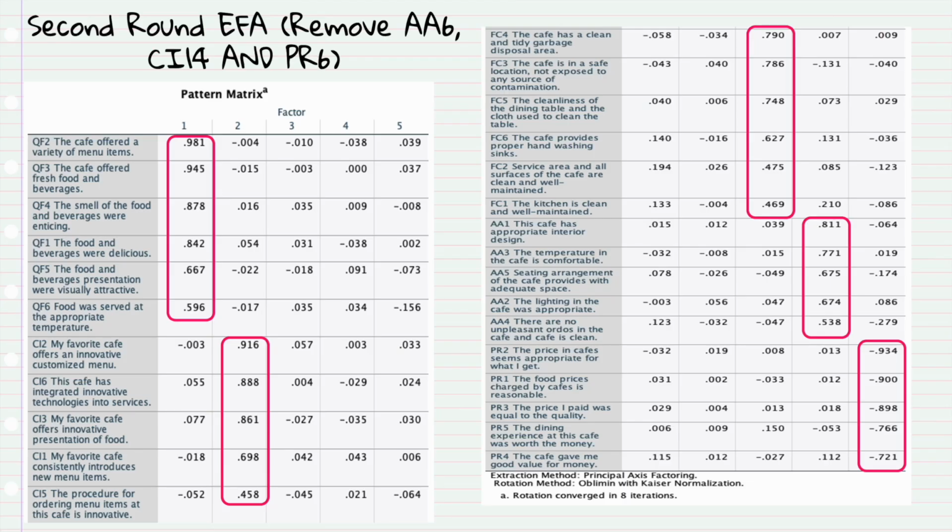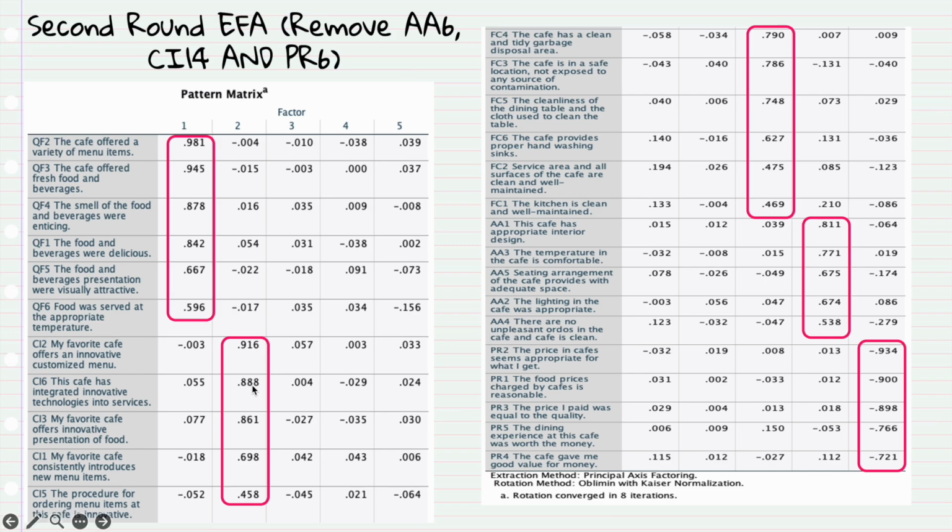Now this is the second round EFA after removing the problematic items. You can see a clean, well-structured factor pattern. For factor 1, food quality, items load from 0.596 to 0.981, very strong loadings, and customers clearly treat these items as one concept.